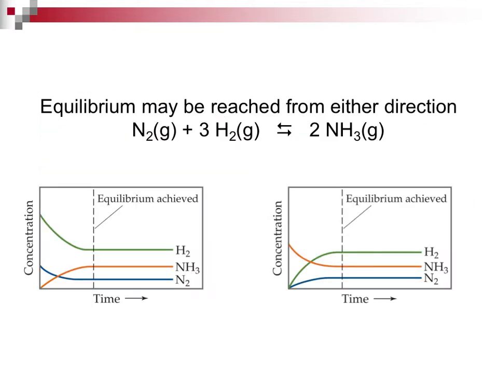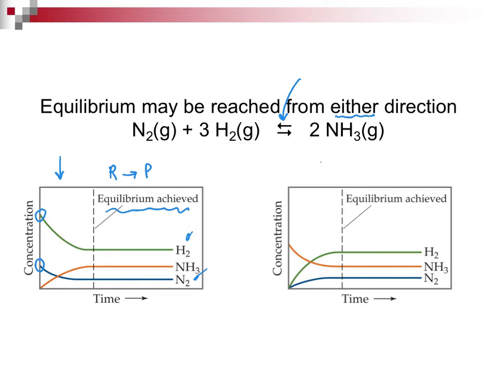What do we have here? Well, remember, there is this double-headed arrow, and equilibrium can be reached from either direction. When I look at the case on the left, notice I have started with green and blue, meaning I have hydrogen and nitrogen. So in this case, I am going in the forward direction from reactants to products, and I do the measurement in the lab, and I see there's a point where equilibrium is achieved, where things level out.